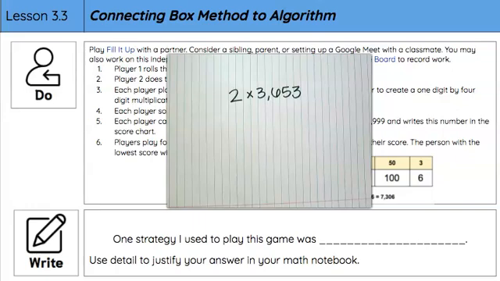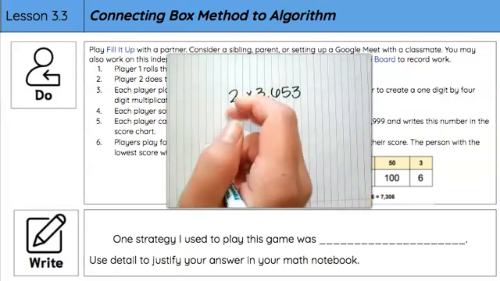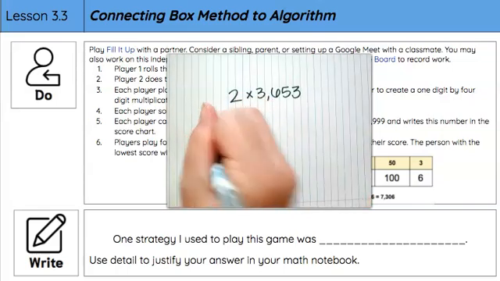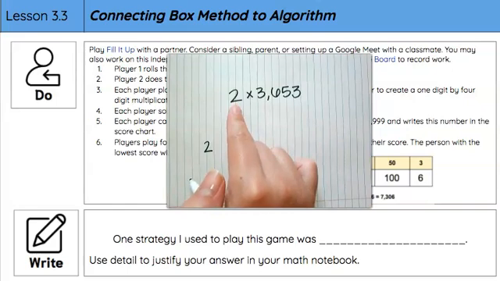How could you use the box method, which we've used in the past, to solve this problem? When we're using the box method, we need to decompose the multi-digit number by place value. We're first going to put 2 on this side, and we don't need to decompose 2 because it's already a single digit number.